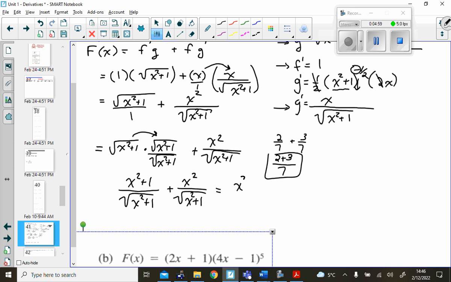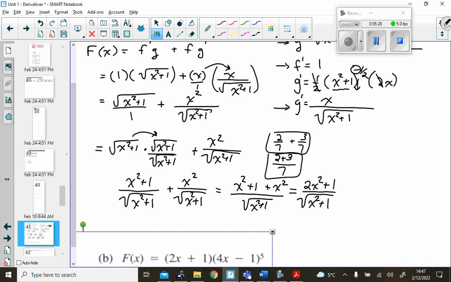So I'm going to get x squared plus 1 plus x squared all over the square root of x squared plus 1. You only write it the once. Same reason I did it here. x squared plus x squared makes 2x squared plus 1 over the square root of x squared plus 1.